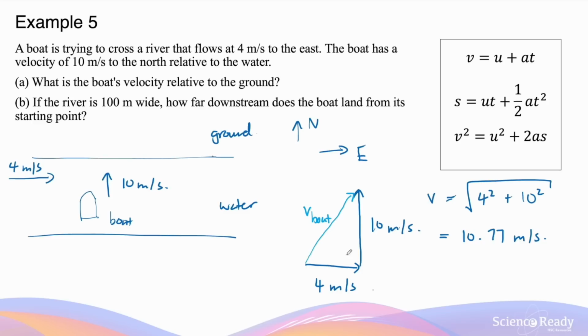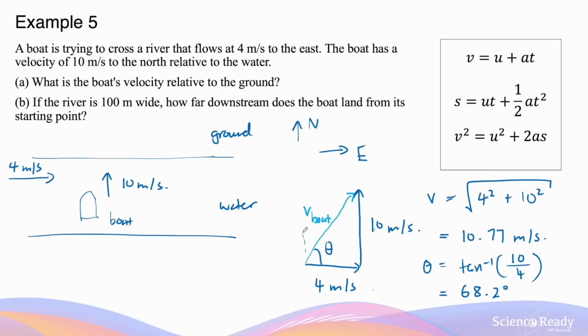The direction can be worked out by finding the angle between the horizontal vector and the hypotenuse, which is the velocity vector itself. So theta is equal to tangent inverse of the opposite side divided by the adjacent side. So 10 divided by 4. The angle here is about 68.2 degrees.